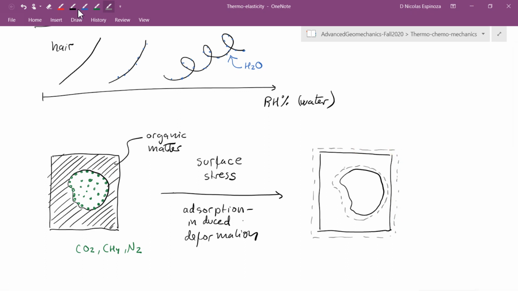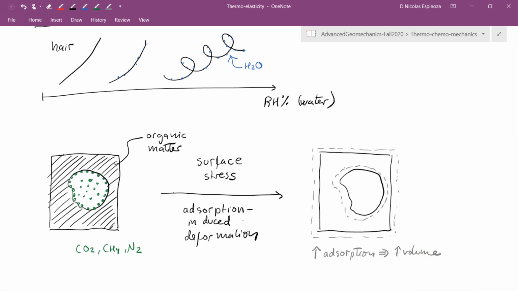So let me summarize this. An increase of the adsorption amount is going to cause in organic matter an increase of volume.